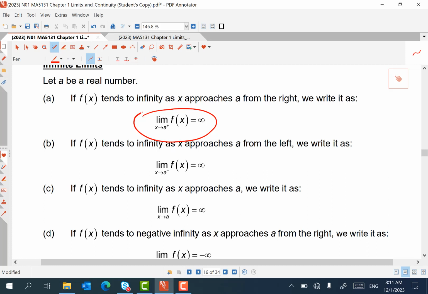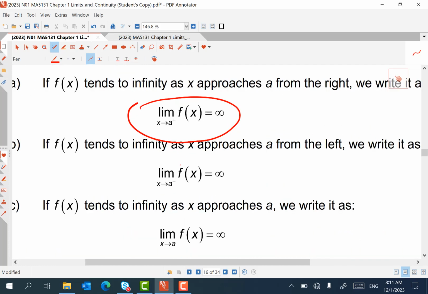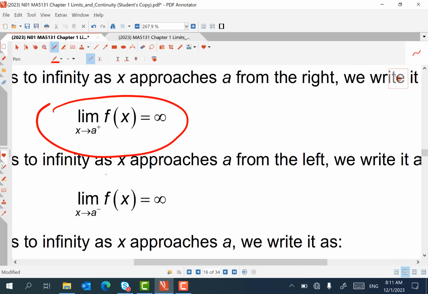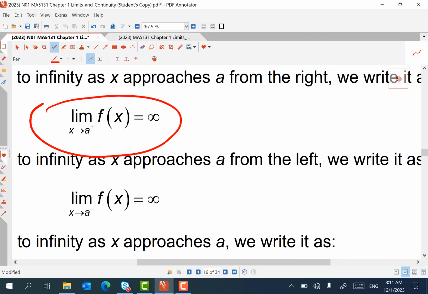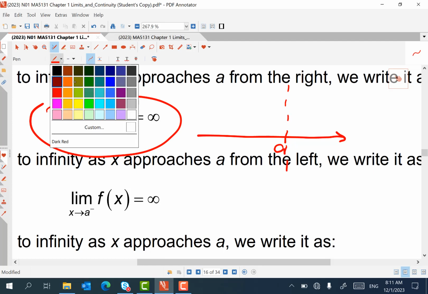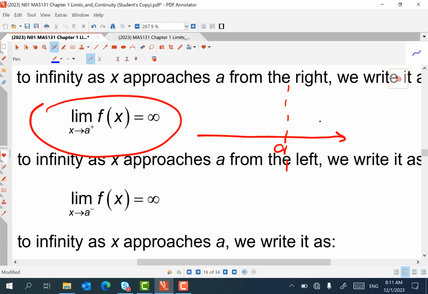Now, you want to be able to translate this statement into a graphical diagram. If you say that when x tends towards, in this case, a plus, f(x) goes to infinity, graphically, how do you think it looks like? Say if this is your x-axis and this is your A, what it basically means is when you are very near to A from the right, the graph actually goes up infinitely.